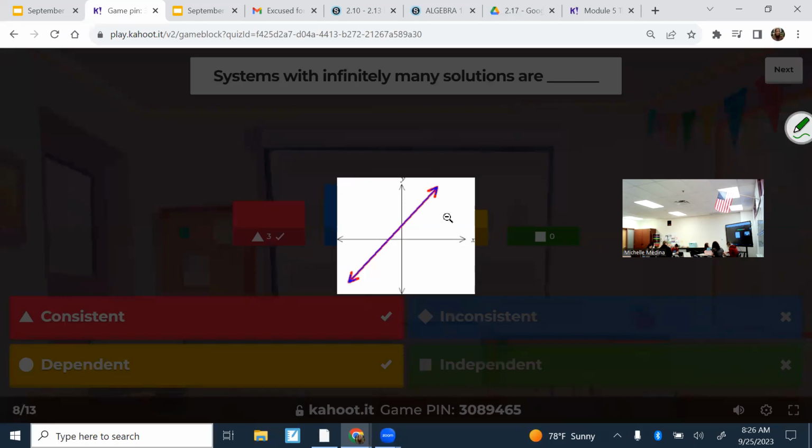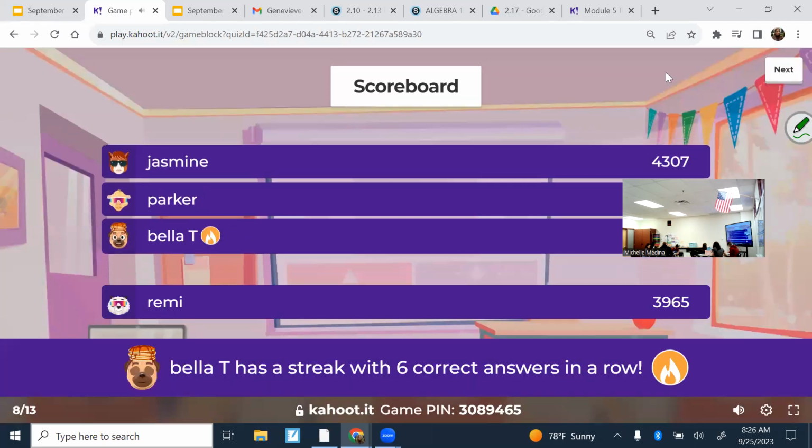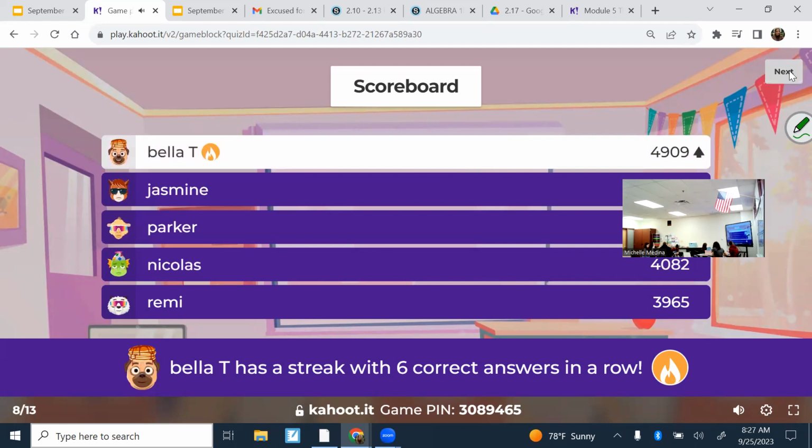Consistent because if it works for one, it'll work for the other one. And then dependent, I forget why, but it's dependent. So questions on that one? All right, again, not needed to know, but it's in there, so might as well cover it.